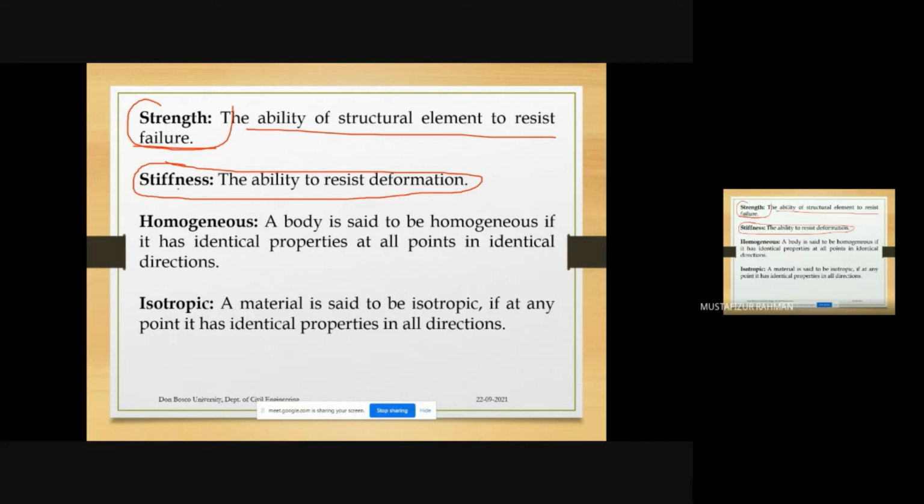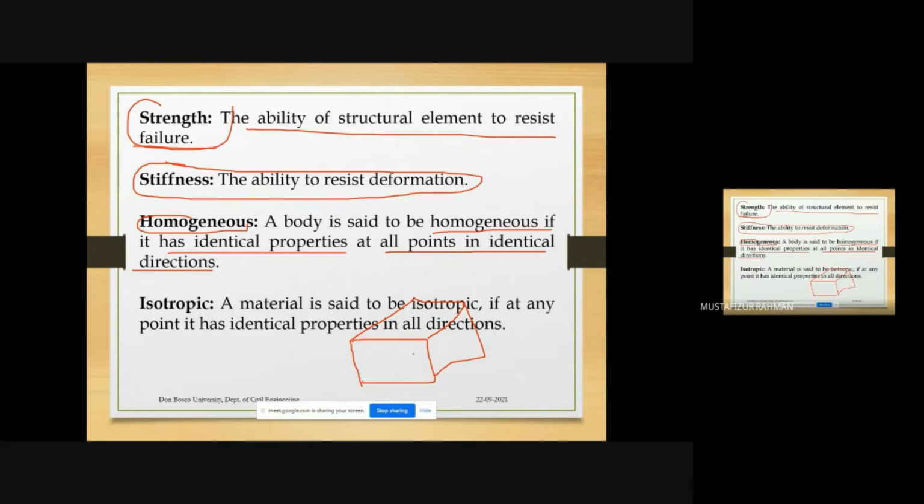Okay. Then we have the definitions for homogeneous material and isotropic material. What is homogeneous material? A body is said to be homogeneous if it has identical properties at all points in identical directions. We have a body, we have a certain volume of some material. So in this material, what will happen?